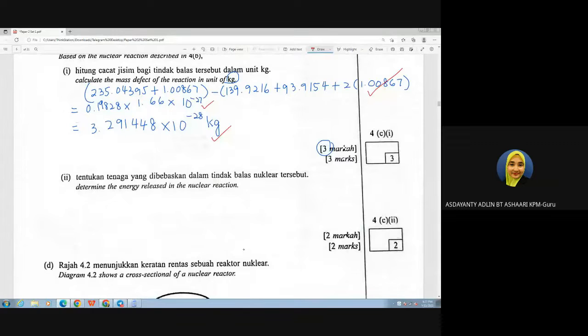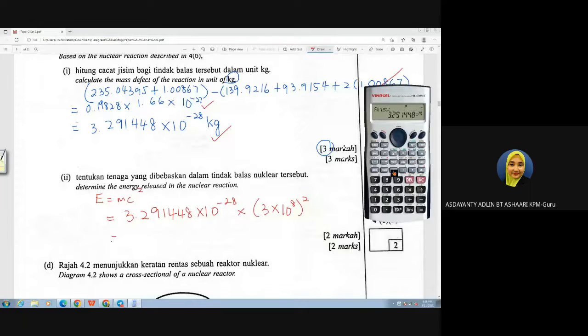Okay, now we go to number 2. Determine the energy release. So energy E equals to mc square, Einstein equation. So the mass 3.291448 times 10 power of negative 28. C is the speed of light, 3 times 10 power of 8 square. Times 3 times 10 power of 8 square.